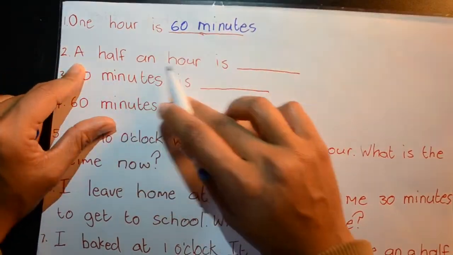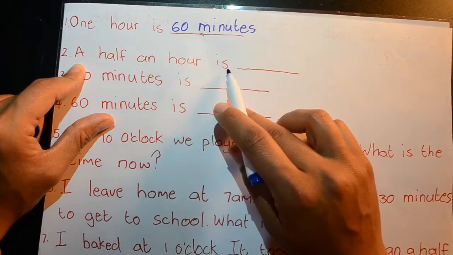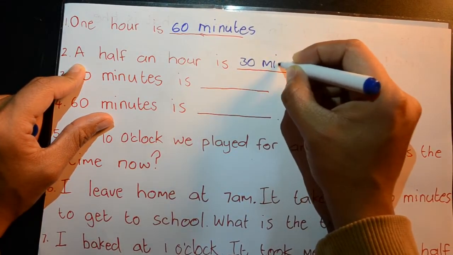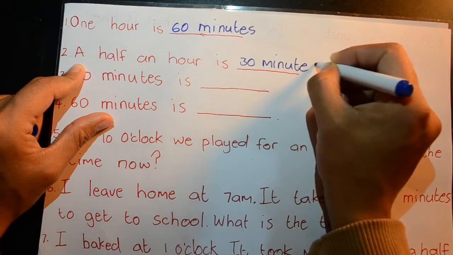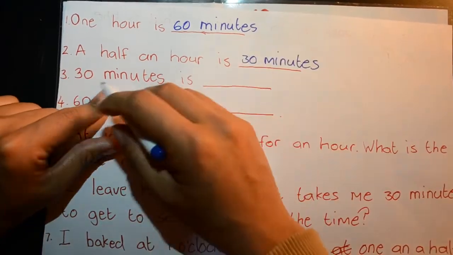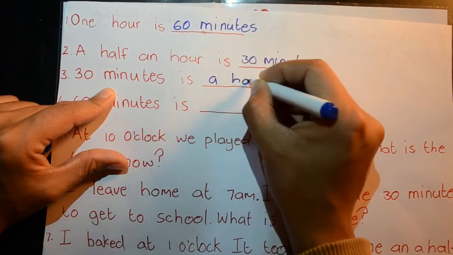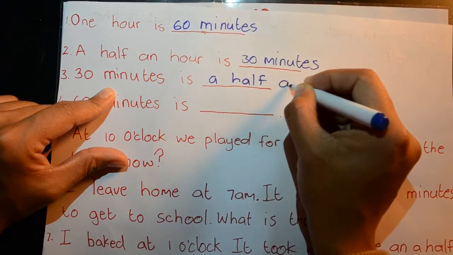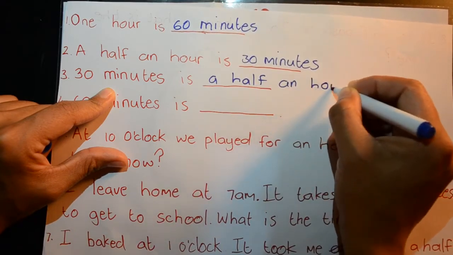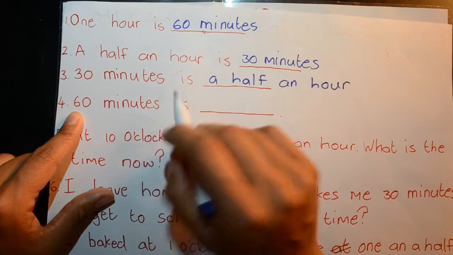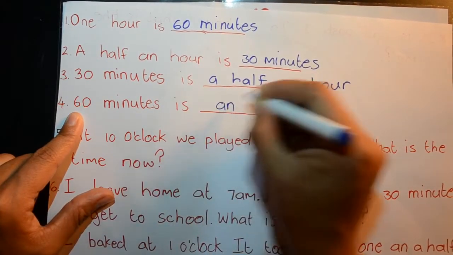If I say a half an hour is 30 minutes. It means the same thing. Okay, 30 minutes is a half an hour. 60 minutes is an hour.